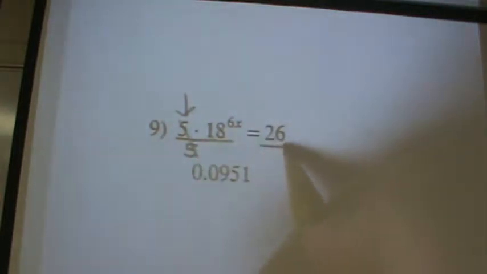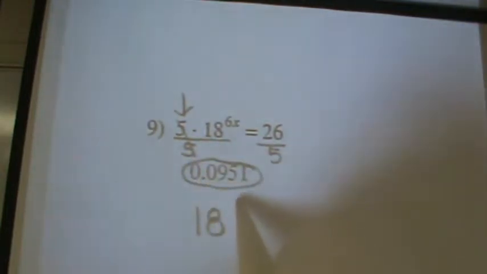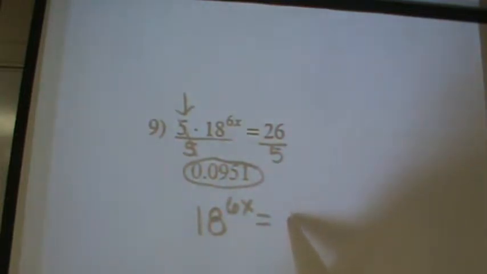Yes, divide by 5. You're going to divide both sides by 5. So you're going to start with, remember this is the answer, hidden there. You've got 18 to the 6x power is equal to, can someone tell me what 26 divided by 5 is? It's 5 point something. 5.2.